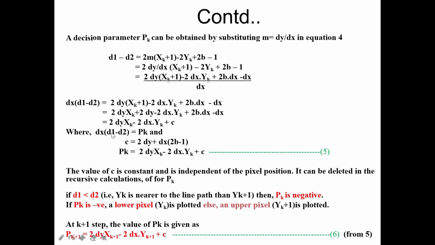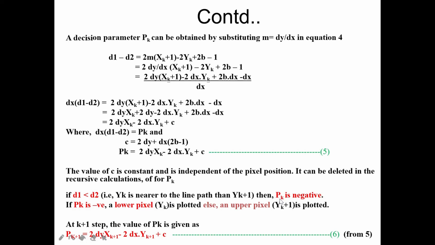If the d1 value is less than d2, then you can say that your pk is negative. And if your pk is negative, then you plot the lower pixel value, because in the quadrant, wherever the lower value is, the yk value is plotted there. Otherwise, you can consider the upper pixel value, that is yk plus 1. All these things you need to remember. So this is about your pk value.